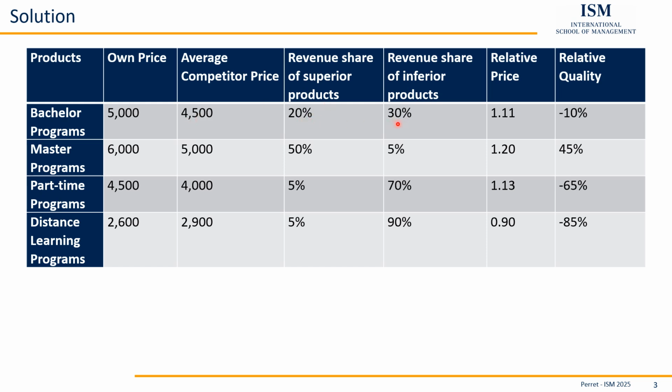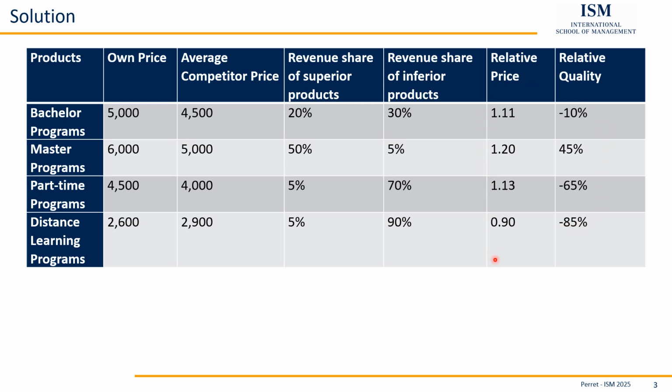With relative shares, comparison is usually the difference. So here I just go superior share minus inferior share, so 20% minus 30% giving me minus 10%, 50 minus 5 giving me 45%, 5 minus 70 giving me minus 65%, and 5 minus 90 giving me minus 85%.